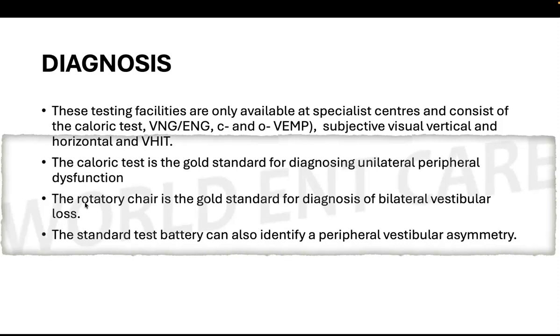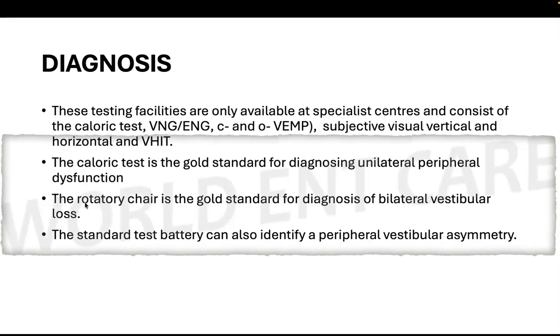Then comes the diagnosis. These testing facilities are only available at specialist centers and consist of caloric, VNG, ENG, cVEMP and oVEMP, subjective visual vertical and horizontal, and video head impulse test.